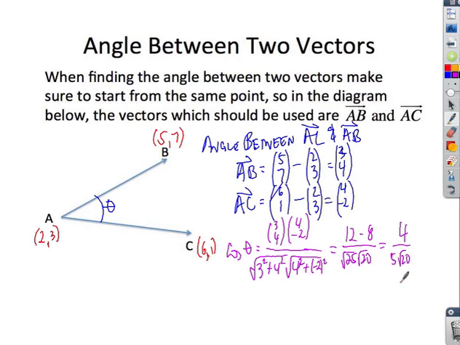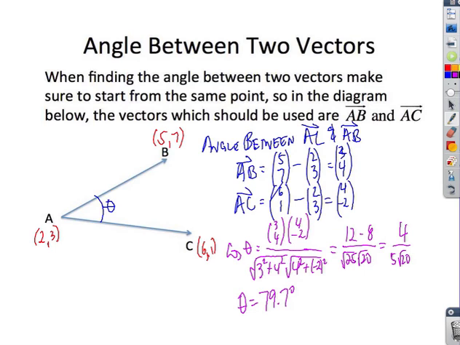Okay, and you can do the inverse cosine calculation with that. When you do that, you would get an angle theta equal to 79.7 degrees. Anyway, the important thing is finding the angle with two vectors like this. Make sure they originate from the same point.